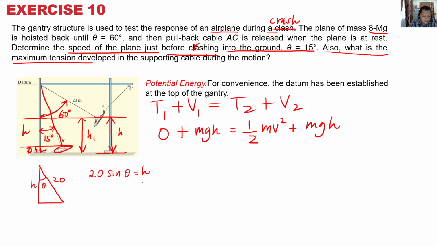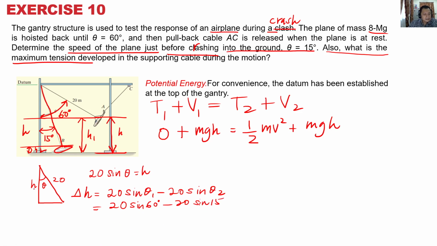So the difference in height, delta h, is 20 sine theta 1 minus 20 sine theta 2, or 20 sine 60 minus 20 sine 15.